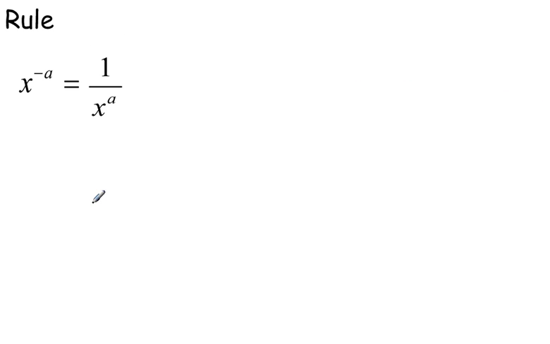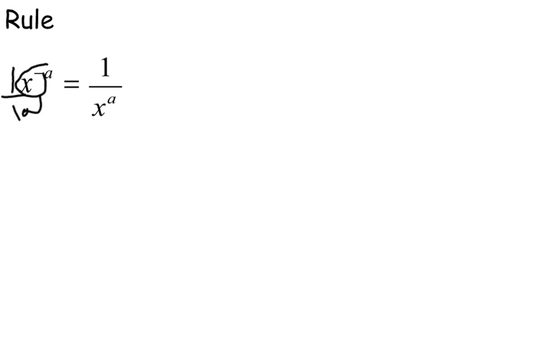There's a rule that says that if you have x to the negative a, you can just move the variable with the negative exponent to the denominator, and that will make the exponent positive. So in this case, the coefficient is going to stay in the numerator, and all you're going to do is bring this to the denominator.